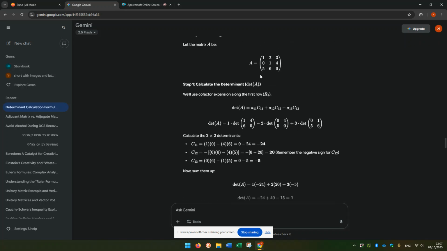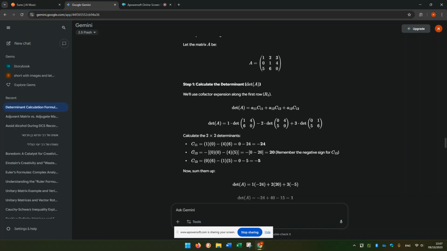For C12, you are taking the first row and second column, and then you are taking the determinant of what is left, which is 0, 4, 5, and 0, which is 0 times 0 minus 4 times 5, with a minus sign, because remember, as we do the determinant, we're taking this and then minus this, like we're doing the determinant by the first row.